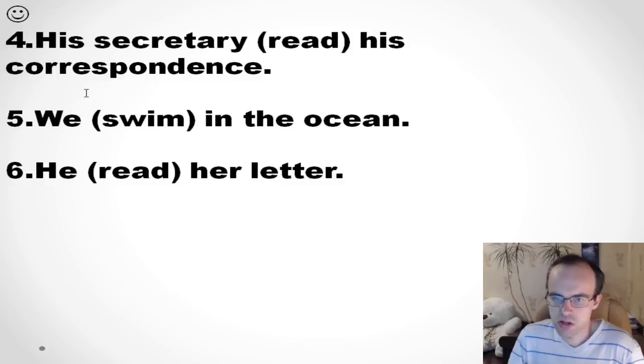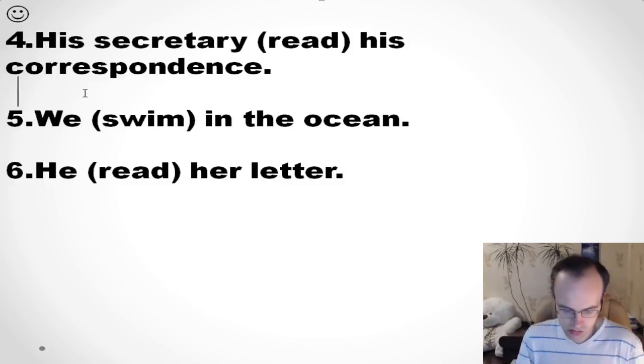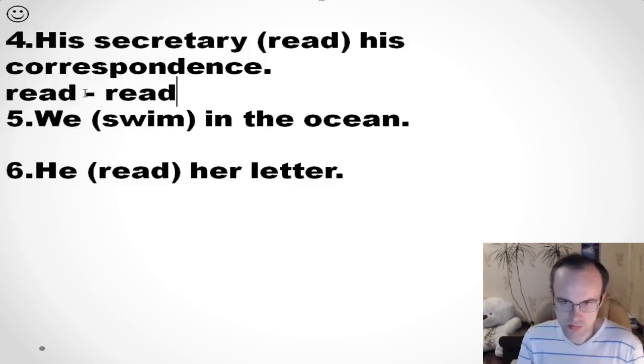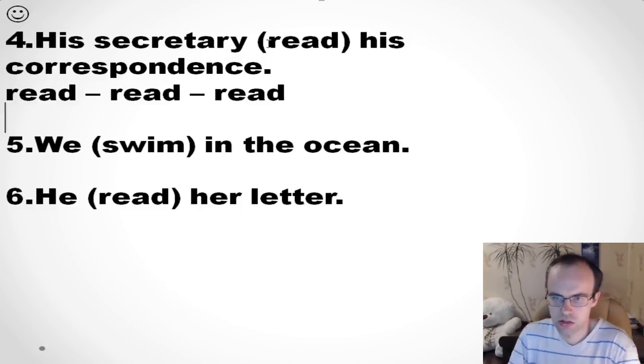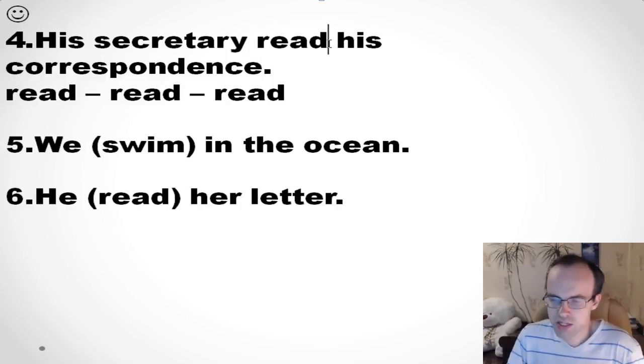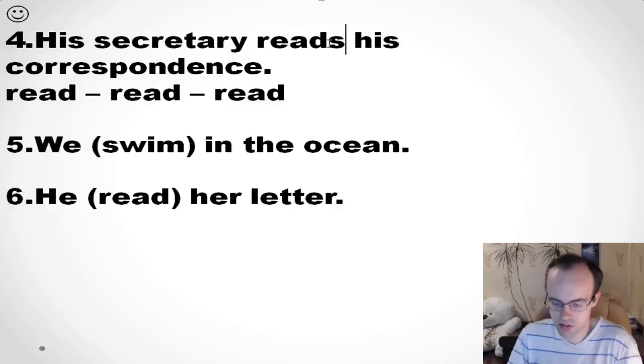His secretary read his correspondence. Read, read, read. His secretary reads his correspondence in present simple, but read in past simple.